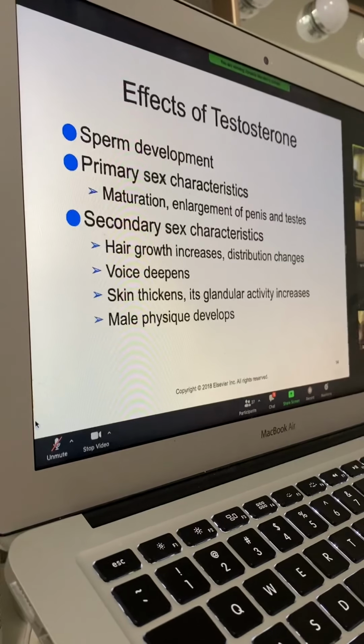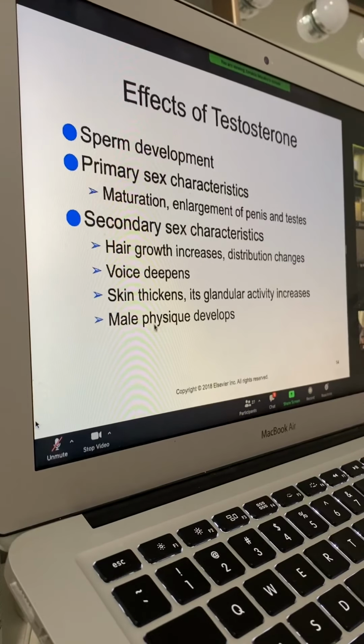And then secondary effects of your testosterone are the growth and distribution of hair, changes in the voice. The voice becomes deeper. And the skin thickens, glandular activity increases, and of course, male physique develops. So those are the effects of testosterone.